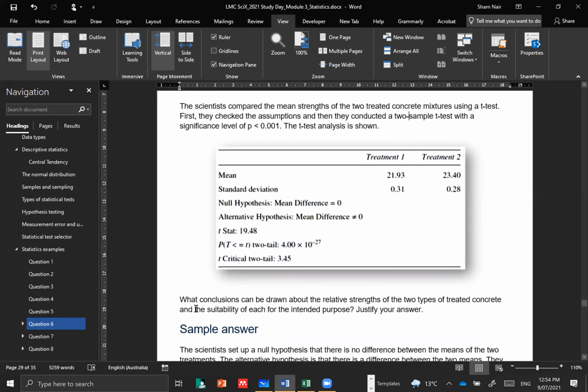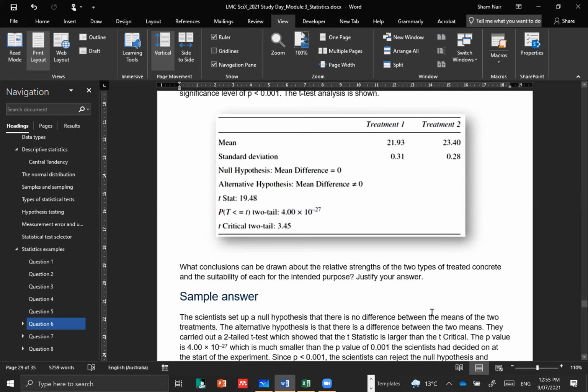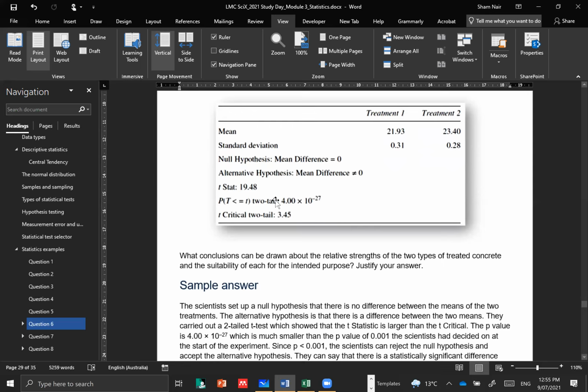Now, here's the data. The question is asking what conclusions can be reached about the relative strengths of the two types of treated concrete and their suitability for the intended purposes? Justify your answer. The first thing we can look at is the p-value here. You see the word two-tailed has appeared.